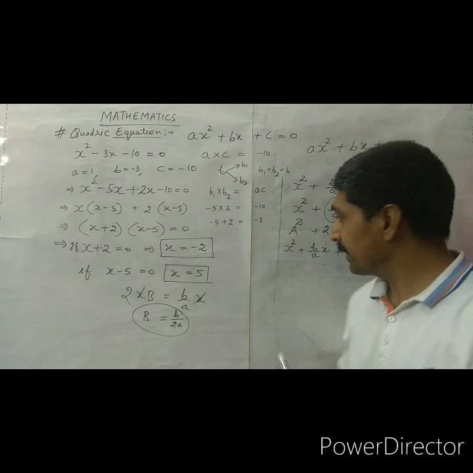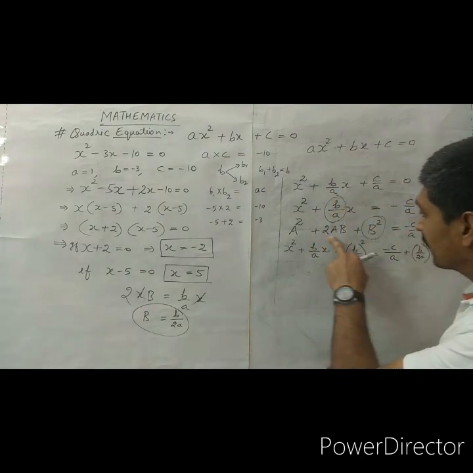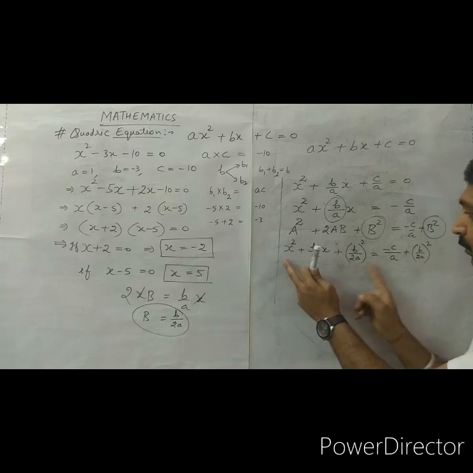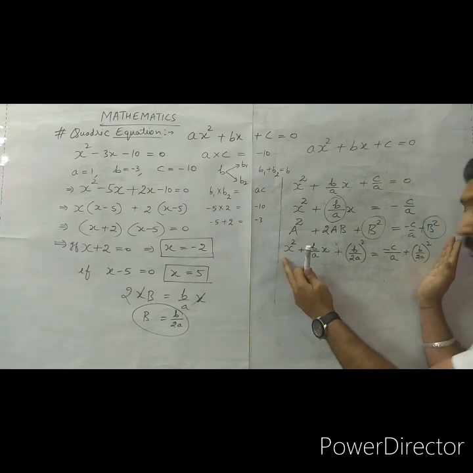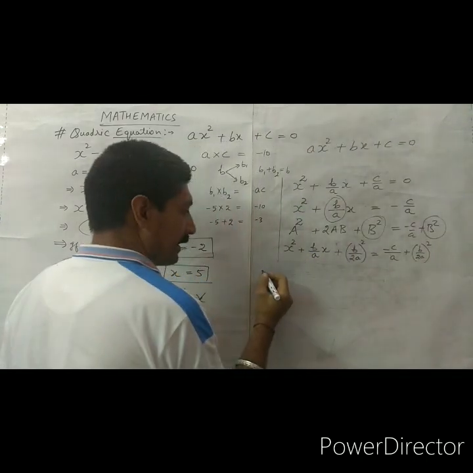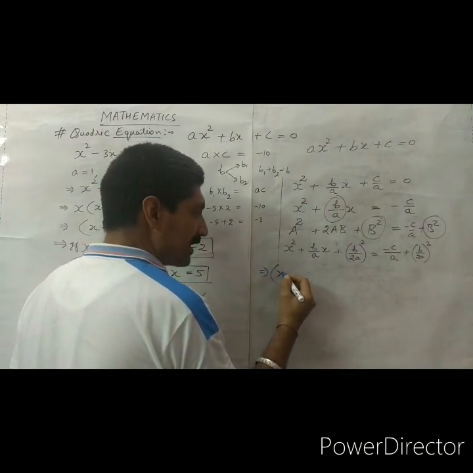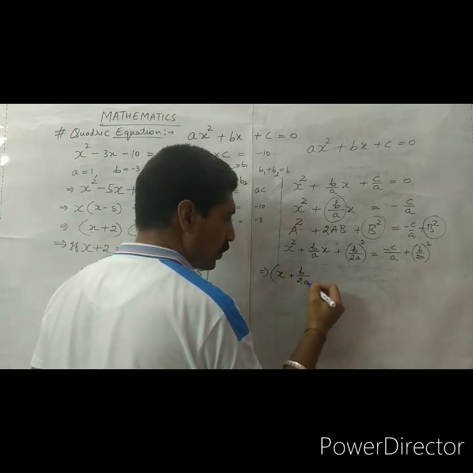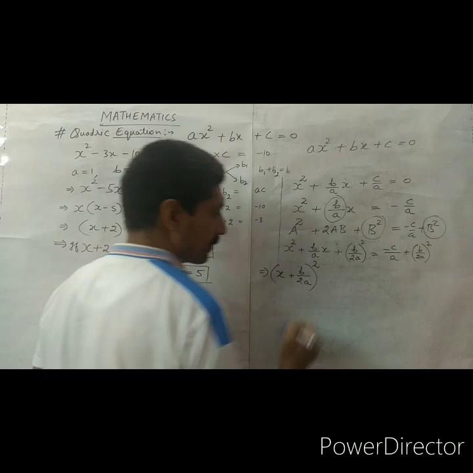So my dear students, this is the completing square. We are going for the completing square. Both equations are same. Now we have x plus b upon 2a whole square.